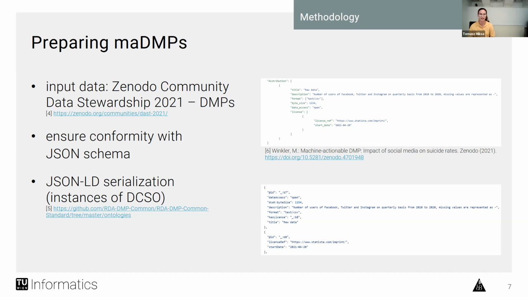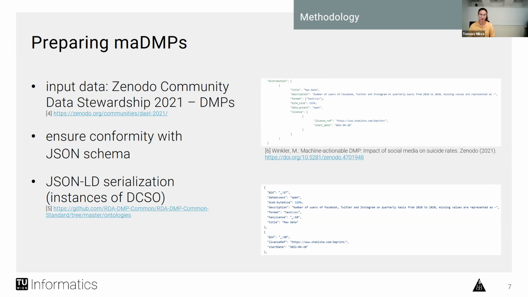So some of them had to be slightly adjusted. And then we had to transform them to RDF representations. And to achieve that, we used a tool to convert the JSONs to JSON-LD serializations, which are instances of the DMP Common Standard ontology that I mentioned before.